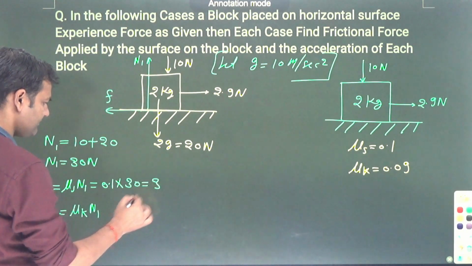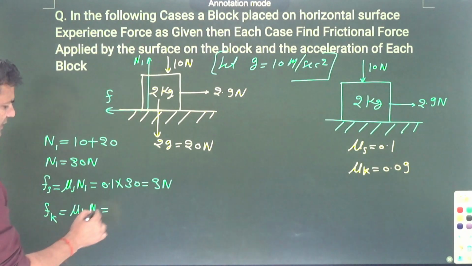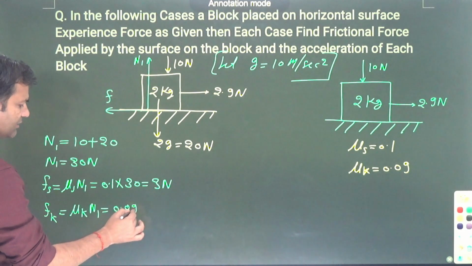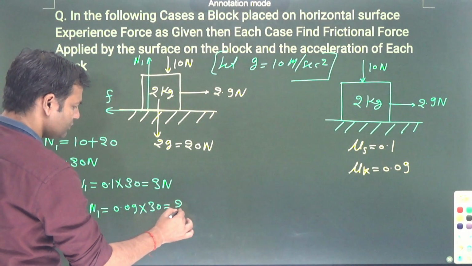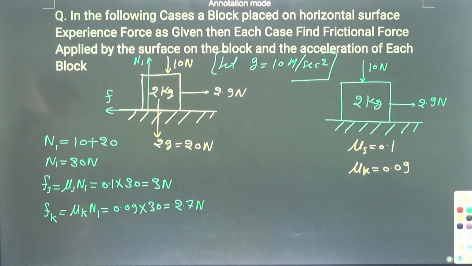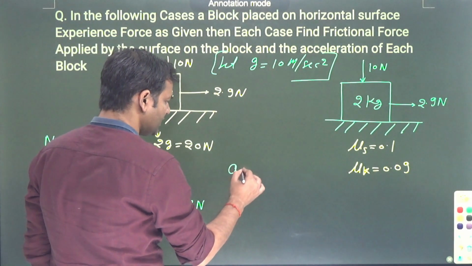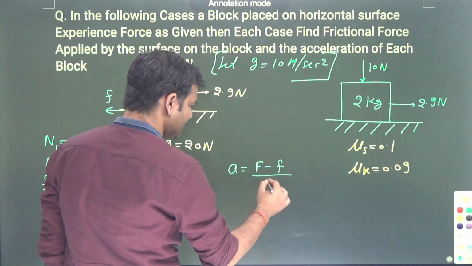So we got 3 Newton, and kinetic is 0.09 into 30, that is 2.7 Newton. Now what about a? a is equal to F minus small f divided by mass.